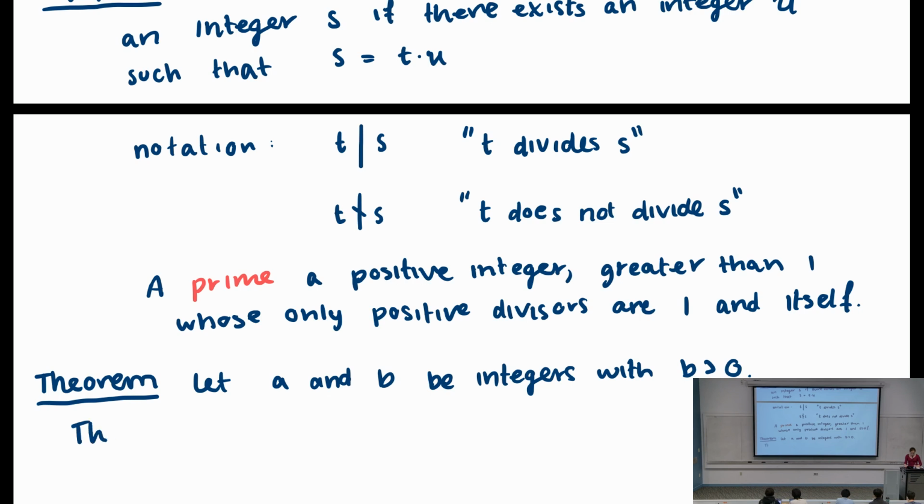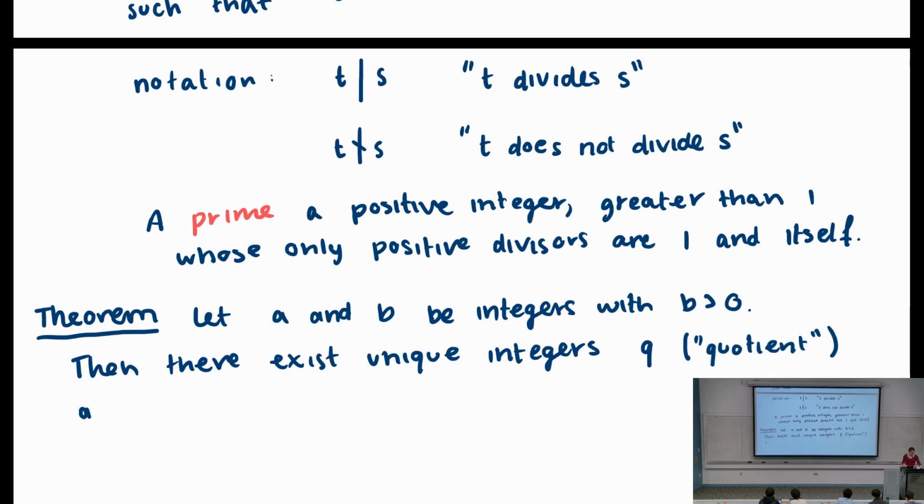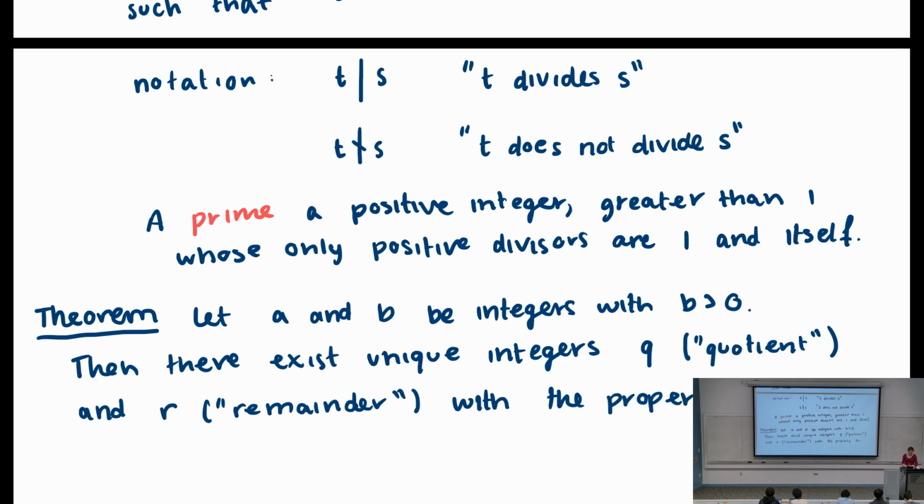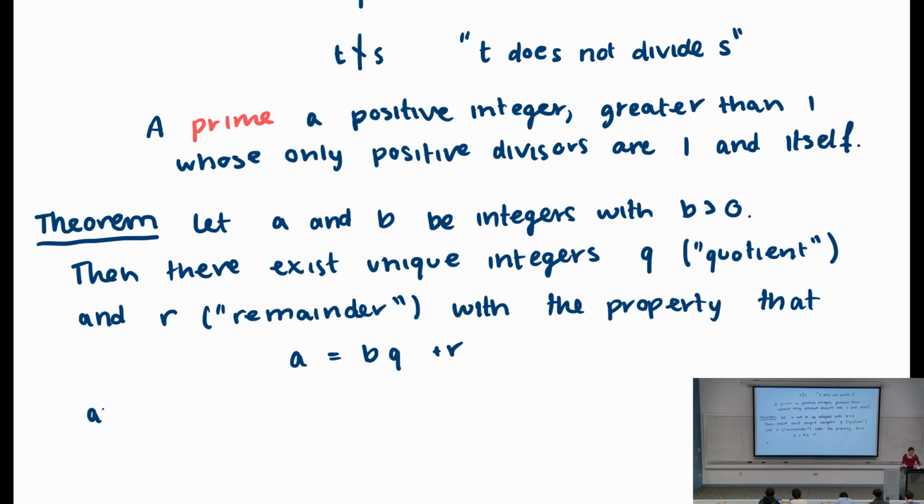Then there exist unique integers Q, which I think of as the quotient, and R, which I think of as the remainder, with the property that A is equal to BQ plus R, and R is constrained to be between 0 and B.